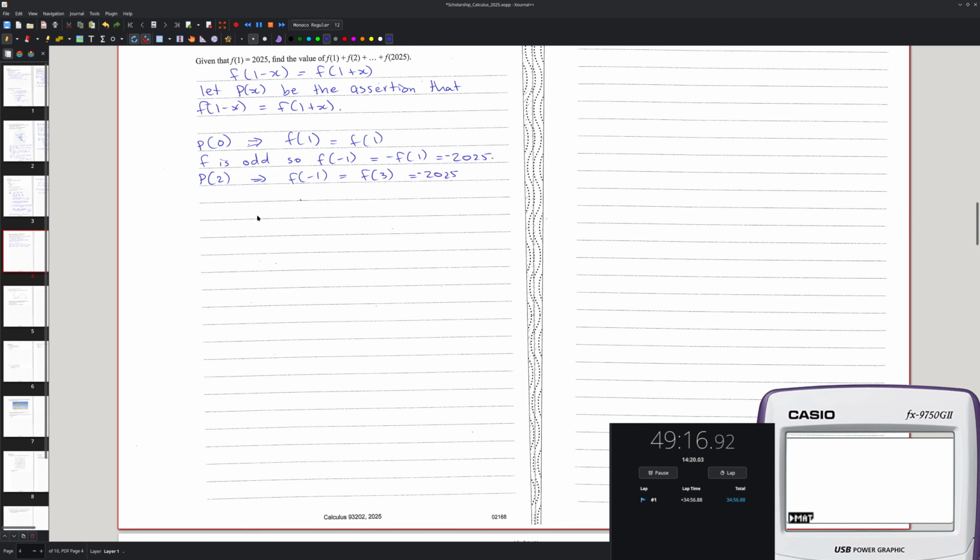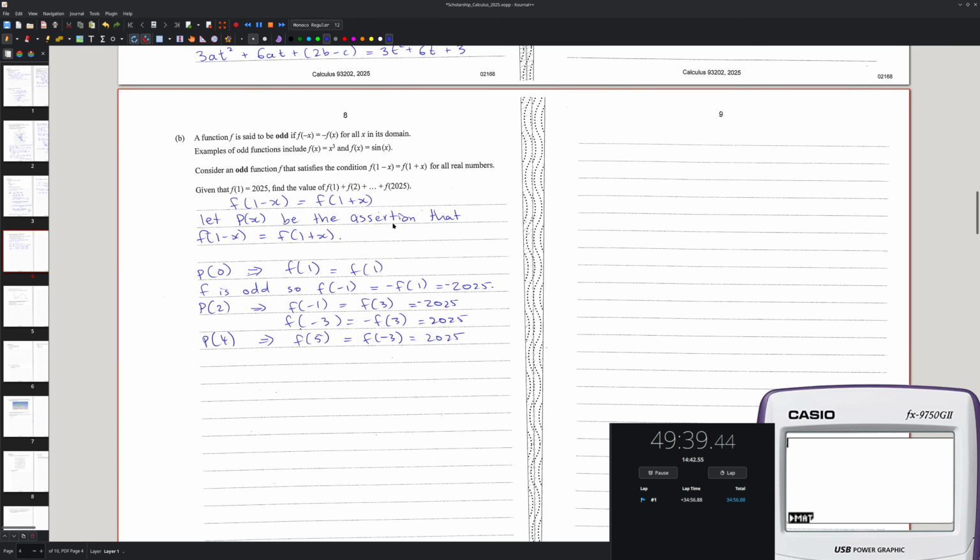So then f of -3 is equal to negative f of 3, which is equal to 2025. P of 4 implies f of 5 equals f of 3. Sorry, what? f of negative 3 equals 2025. Okay, so this is skull calc, so I'm going to be non-rigorous, right?